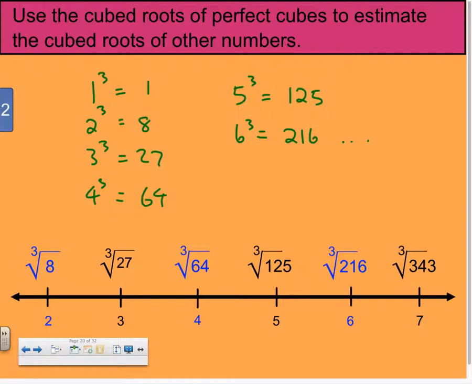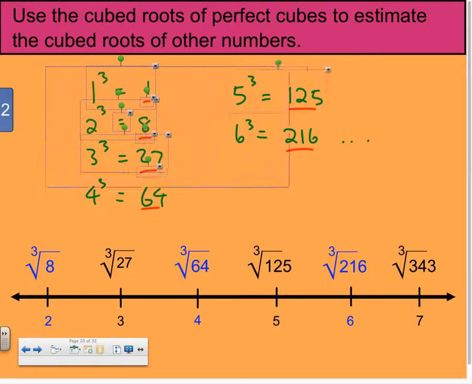So these numbers, 1, 8, 27, 64, 125, 216, and others, are what we call perfect cubes. And we're going to use our knowledge of these numbers to help us estimate others.